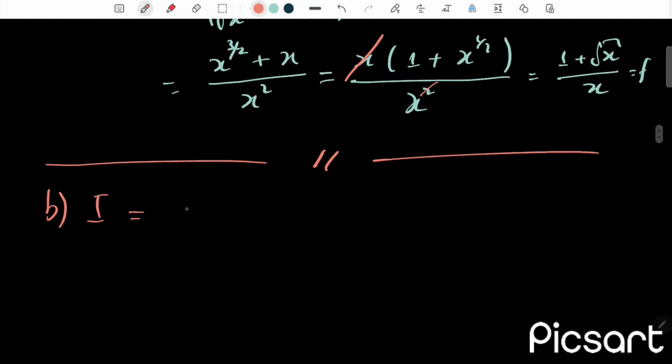I is equal to the integral of (1 plus x) over (1 plus 9x squared) dx.